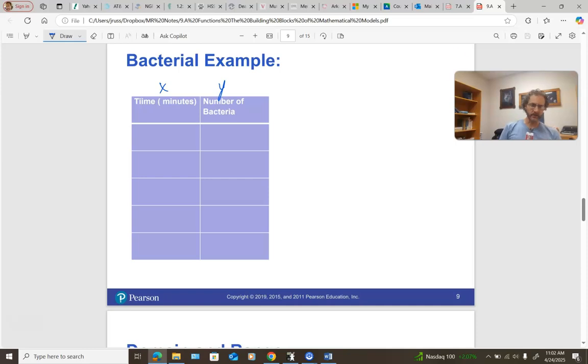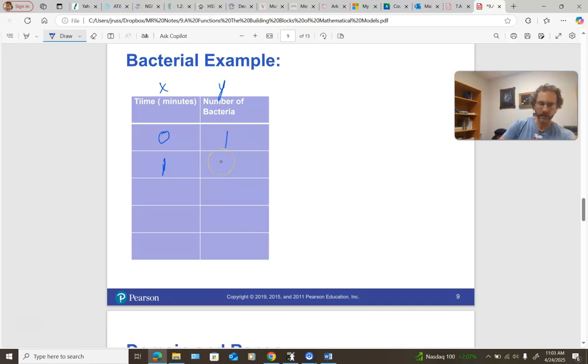All right, well, let's try this. So we're going to start out, we're going to let time be 0. Okay, there we go. So when time is 0, we have 1 bacteria. And then over that next minute, when the time goes from 0 to 1 minute, at the end of that 1 minute, if you double 1, you get 2.